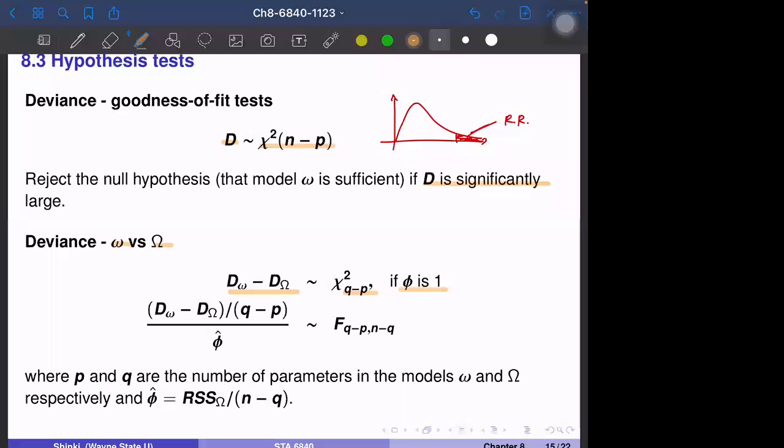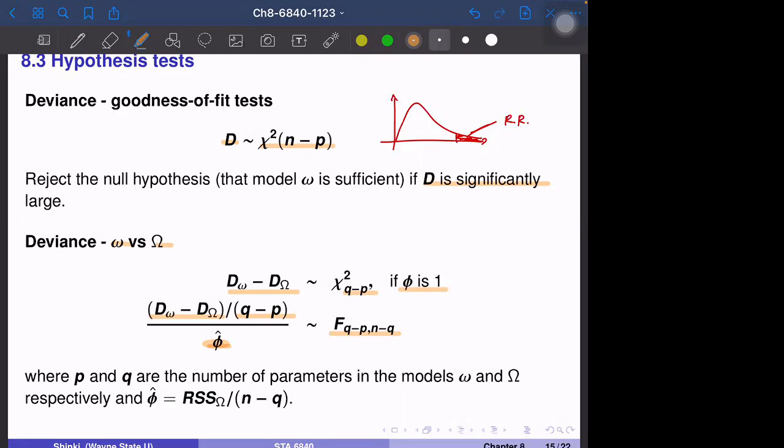So this is the case that phi is known. If phi is not known, then we take the ratio of this and phi hat. And this follows, after some adjustment, the F distribution with degrees of freedom q minus p and n minus q. So n minus q is because this phi hat is estimated with the larger model.